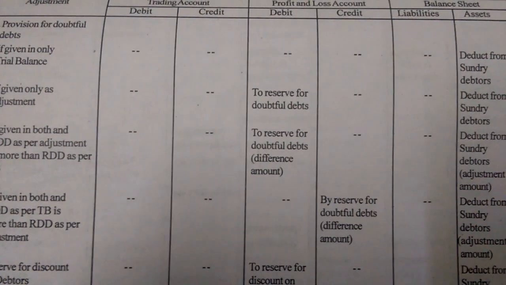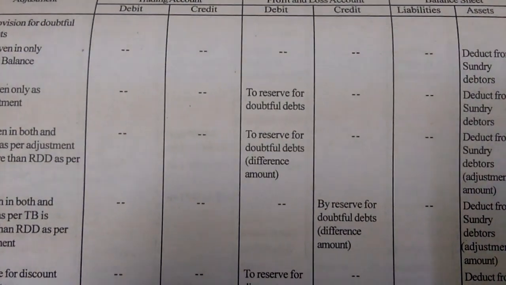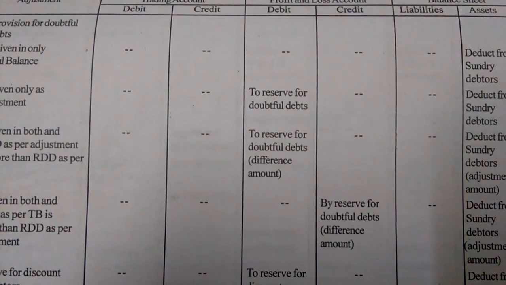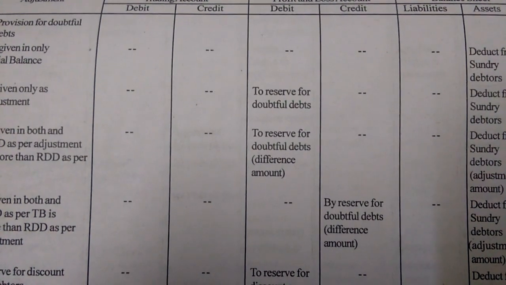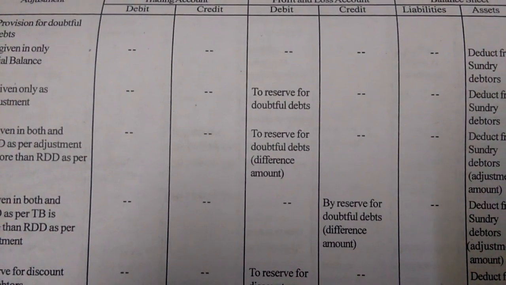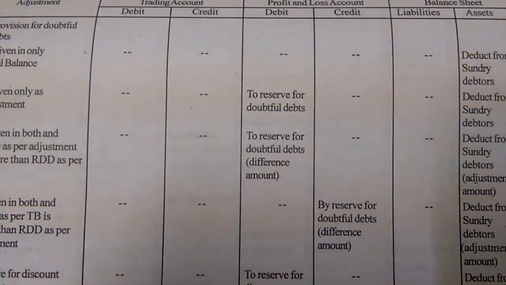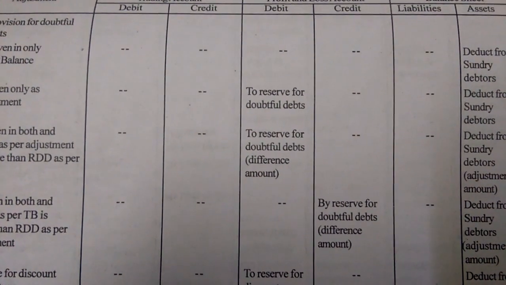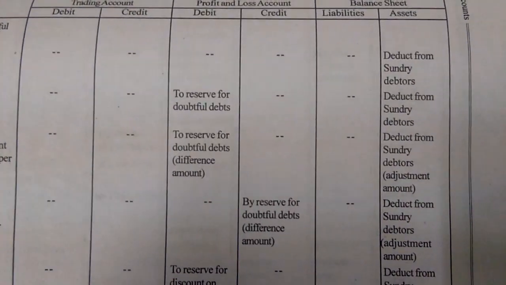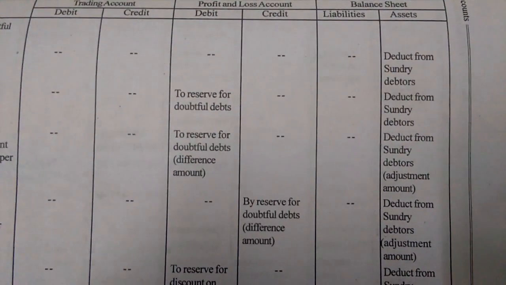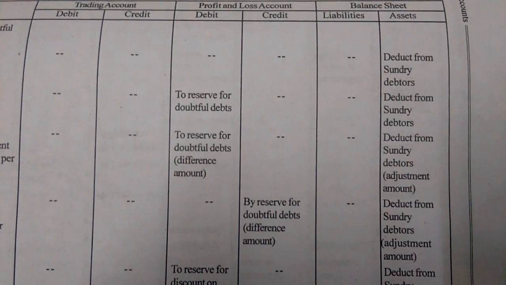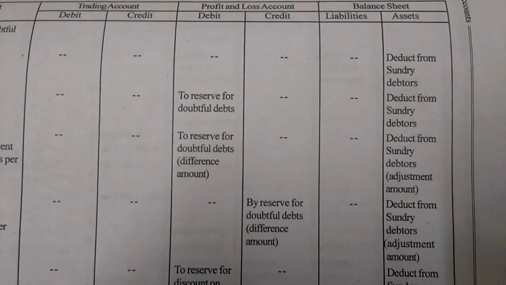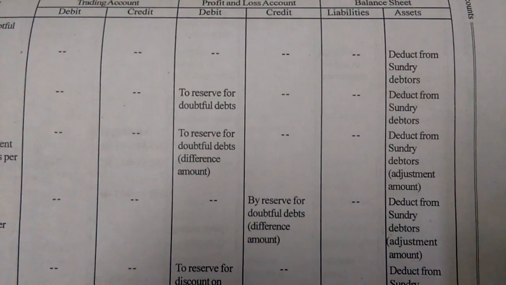In the profit and loss account, debit the reserve for doubtful debts difference amount if the new amount is higher. Then in asset side deduct from the sundry debtors the newly calculated percentage amount.